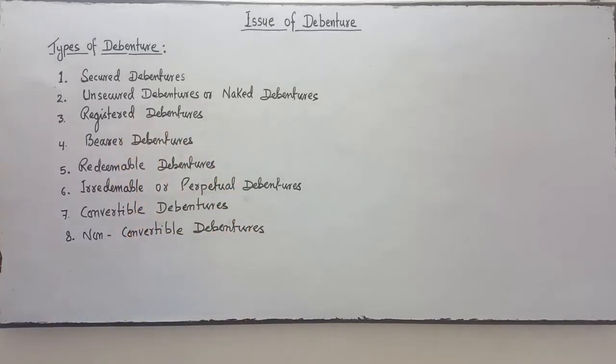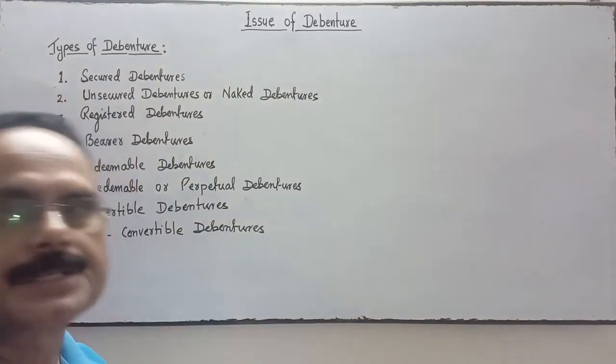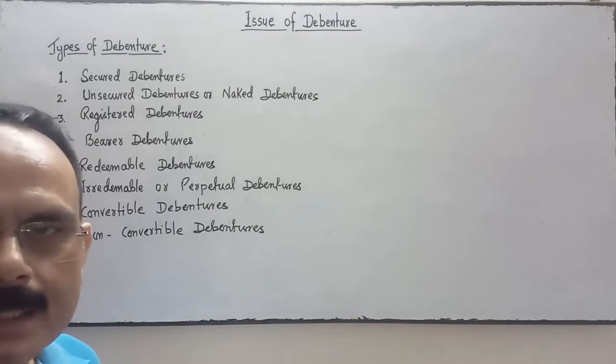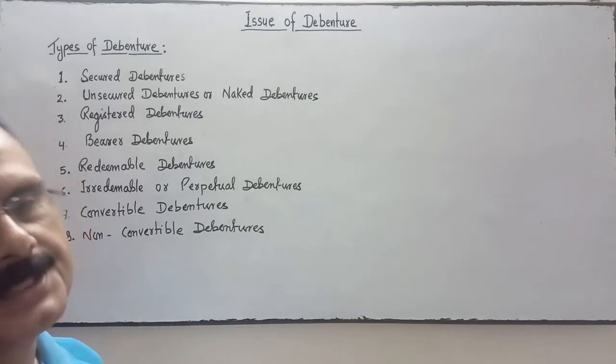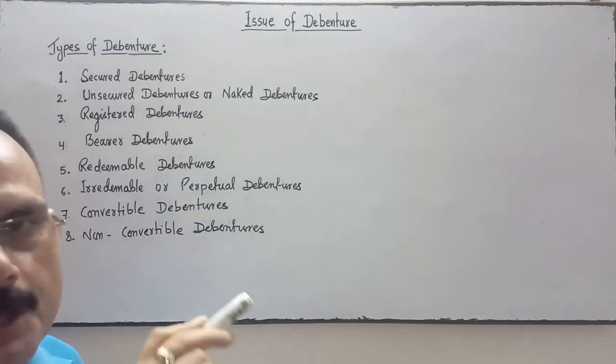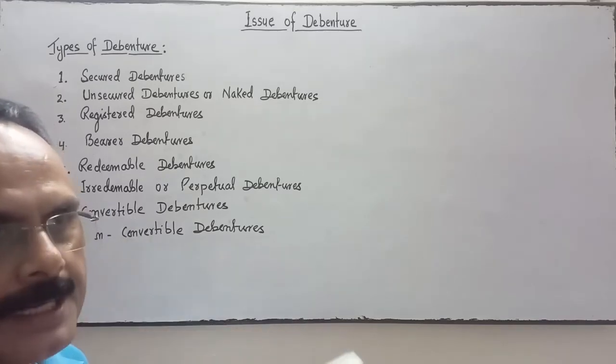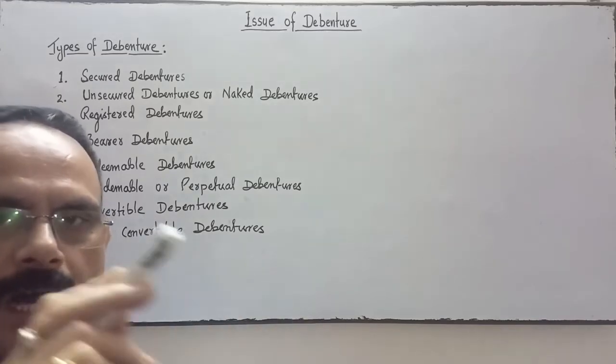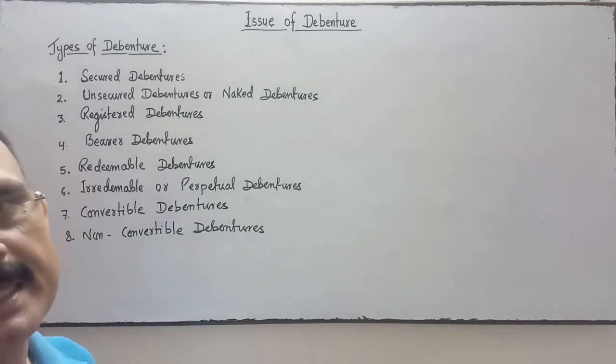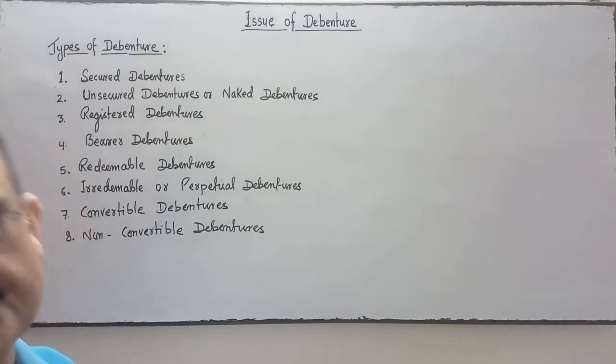In the bearer debenture, the name and address of the holder are not registered in the debenture holder register. Here it is not registered. The name and address of the debenture holder are not registered in the debenture holder register.